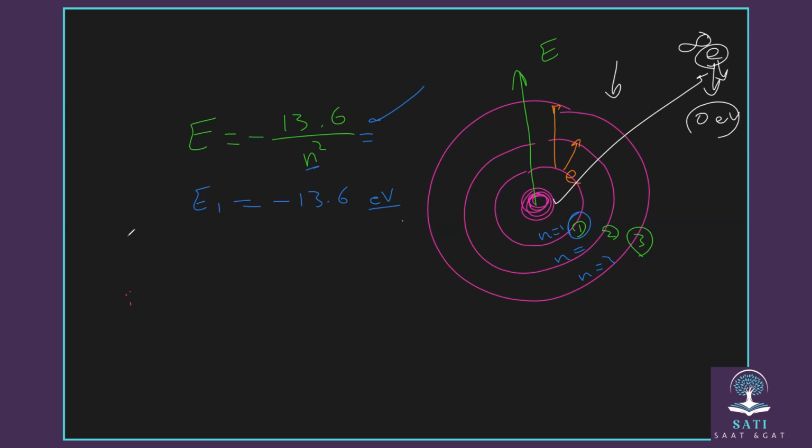This is the energy needed for the electron to be free. That means it still needs this type of energy. This is one of the points that you should put in your mind: why it is negative.